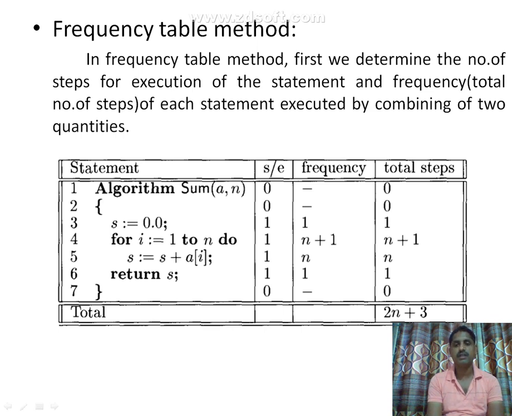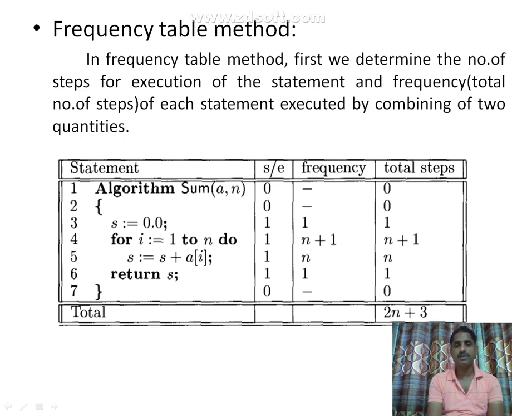Why do we assign n + 1 times? Because if n = 6, it will check 1, 2, 3, 4, 5, 6, and at that time it will not terminate. At the next step it will be checked again. In that way we assign n + 1.